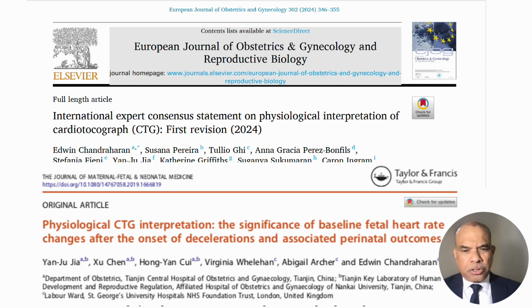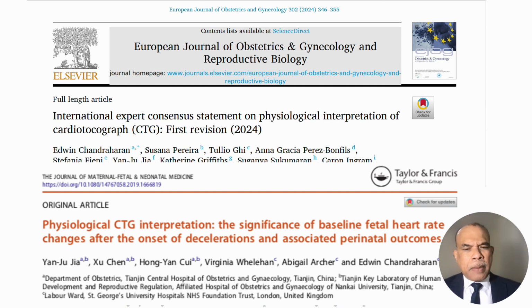And we were able to show about 5 years ago that it doesn't matter how the deceleration looks, variable, late, it doesn't matter. As long as the baseline and the variability were normal, none of the babies had acidosis. In the same way, we looked at catecholamine response.